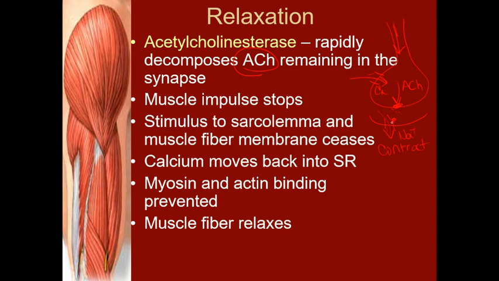So what do I have to do? I have to close this channel, and the only way to do that is to rid myself of the acetylcholine that's bound here. That's going to be an enzyme that does that. So acetylcholinesterase, really long word, guys. ACH, ACE for short, acetylcholinesterase.